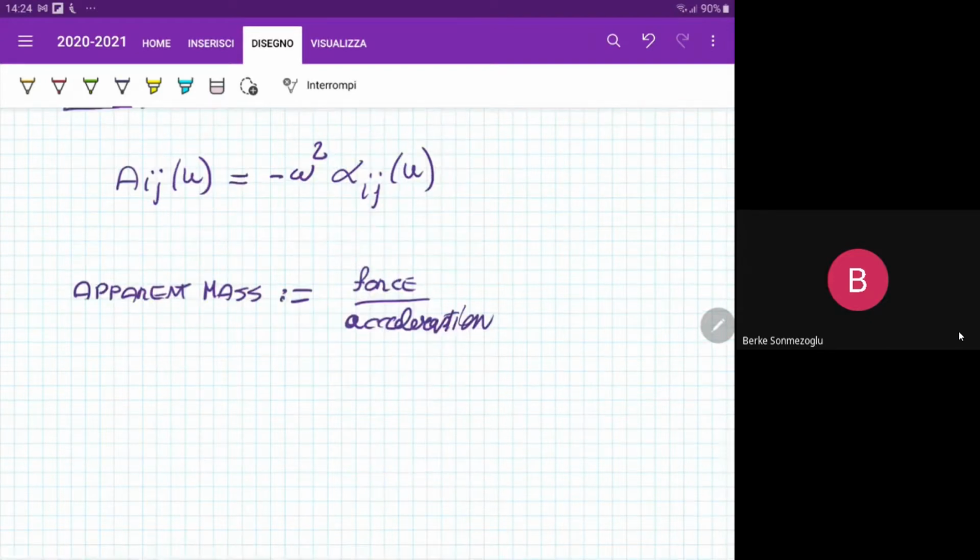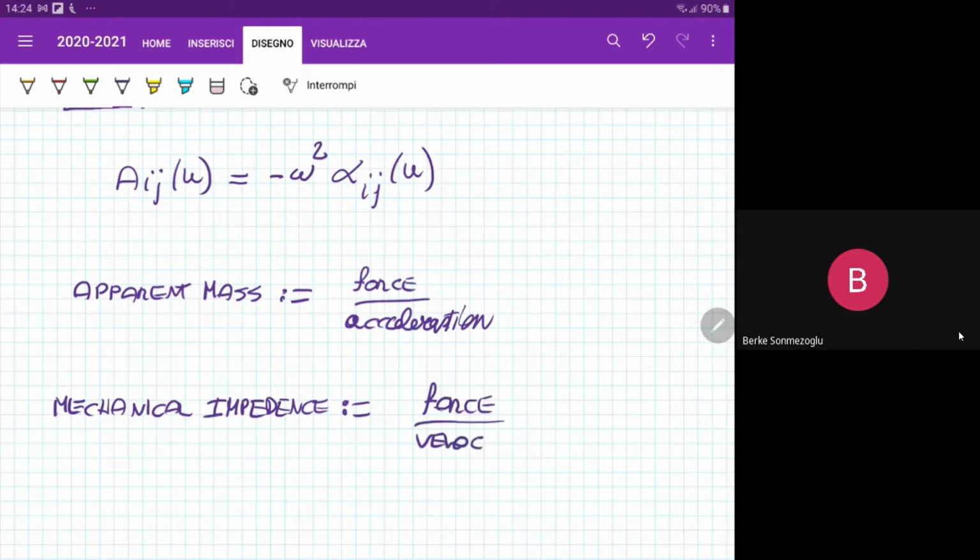Okay. We are also referring to the mechanical impedance as the ratio of the input force over the output velocity.